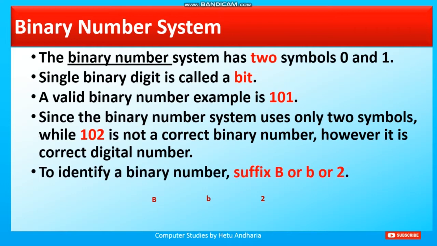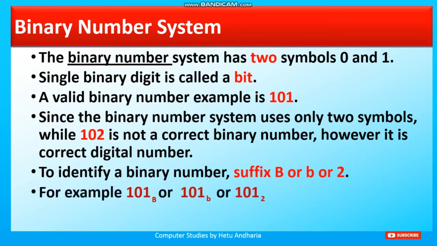Now, to identify a binary number, a suffix of capital B, small b or 2 is used. For example, if 101 is written, you can consider it a binary number, right? But how will you justify whether it is a binary number or a decimal number?